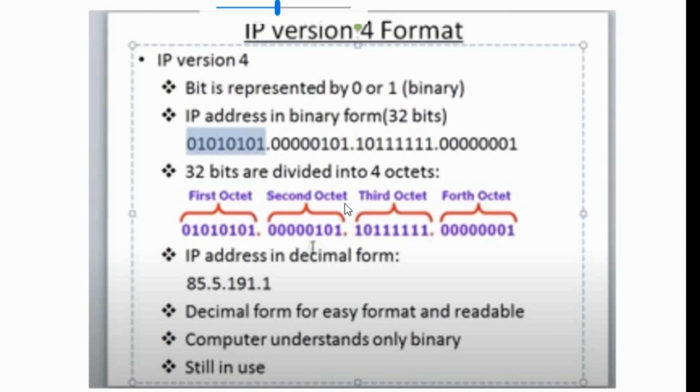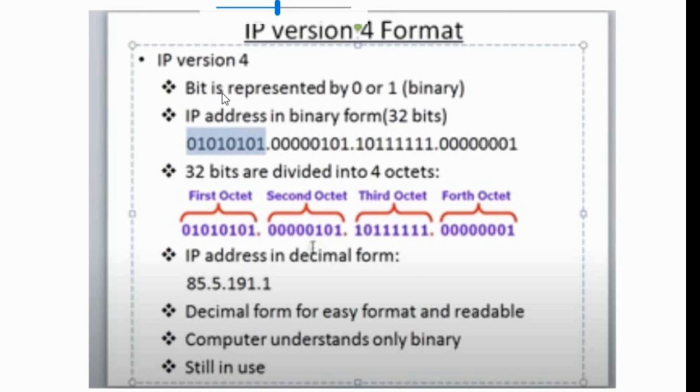the bit represented and how it works, and how the octet to IP address decimal format works. The decimal form is for easy, readable format, and computers understand only binary, which is still in use. Obviously we explained that computers always understand binary.